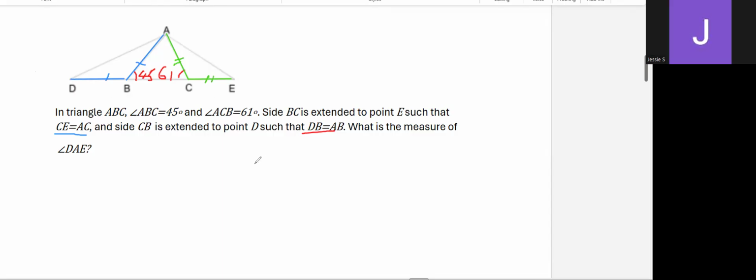So now we need to know the measure of angle DAE. Where is angle DAE? Angle DAE is this large angle there. What's the measure of this? We know that from the graph, this angle has three smaller angles in it. The first one is angle DAB.